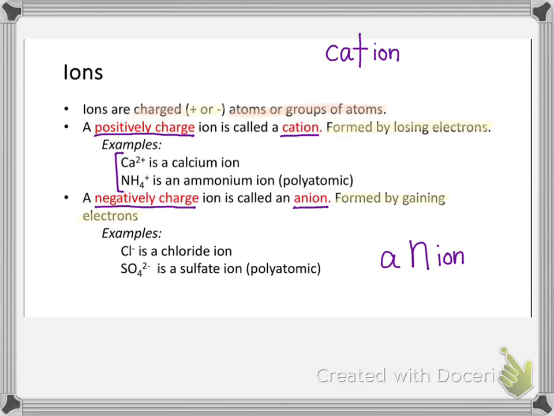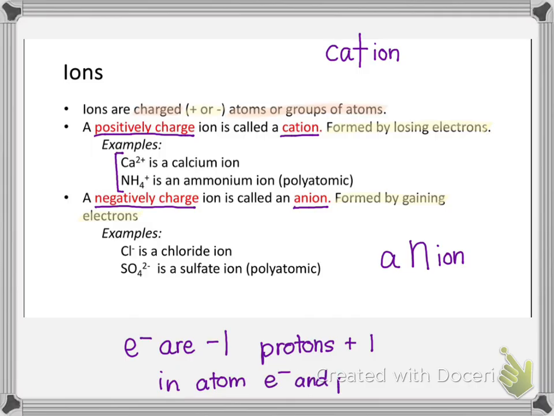Now, I would ask you then, electrons are negative charge, right? Electrons have negative charge. And protons are plus 1. In an atom, the electrons and the protons are equal, so there's no charge.